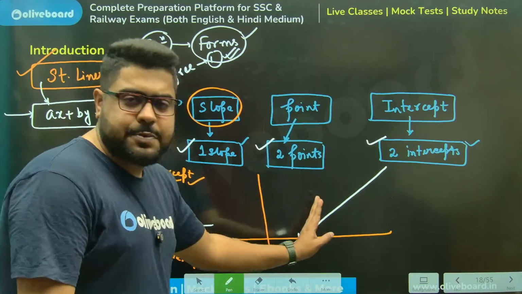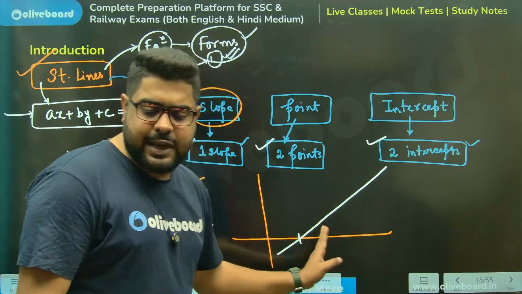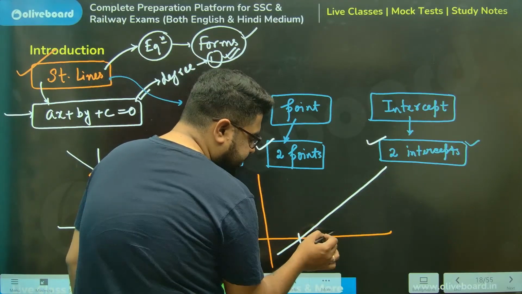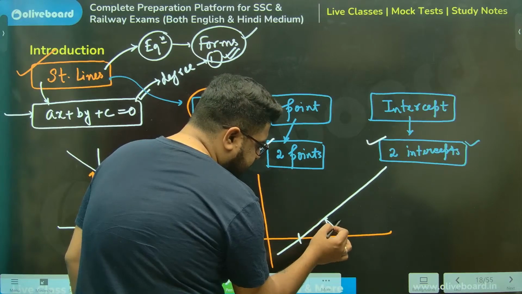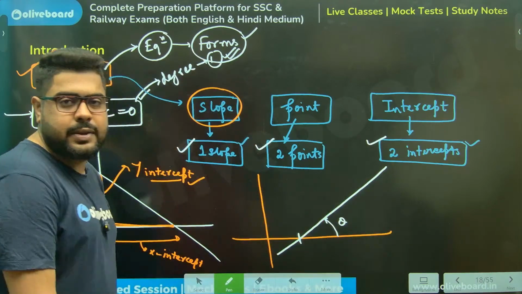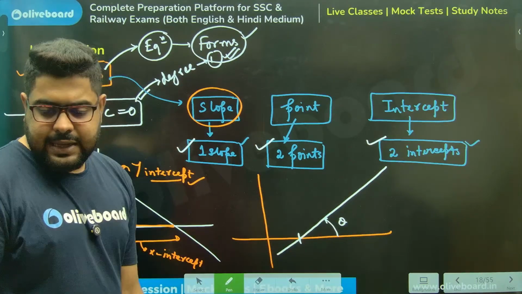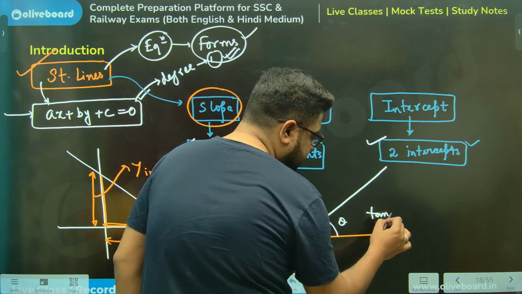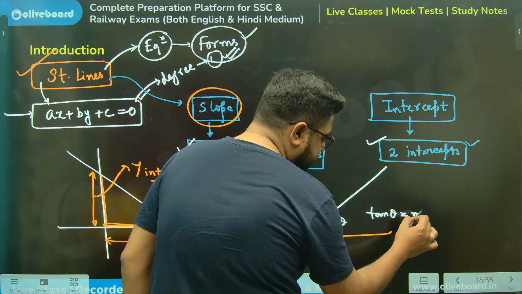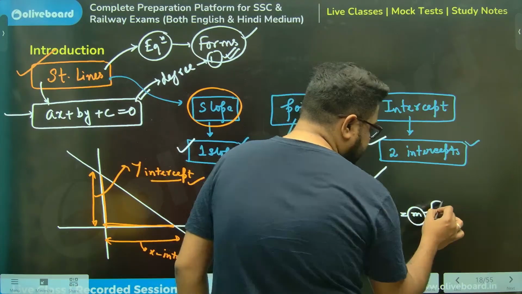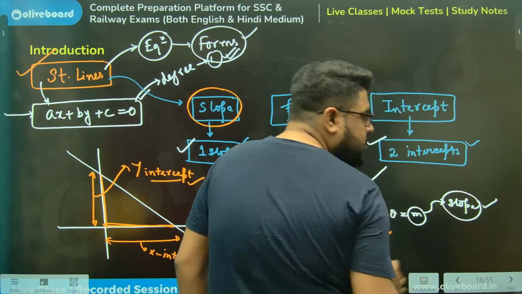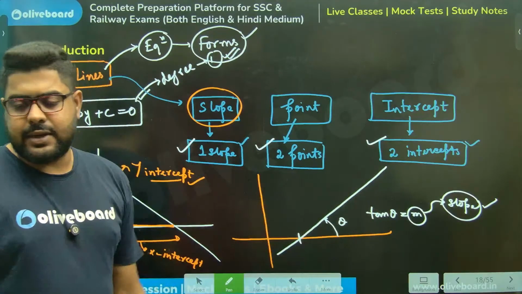If you take the positive x-axis and measure this angle, theta, then tan of that theta is called small m, and this m is called slope. Slope is tan theta.